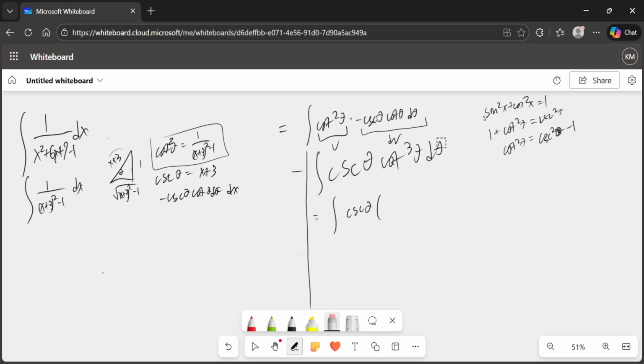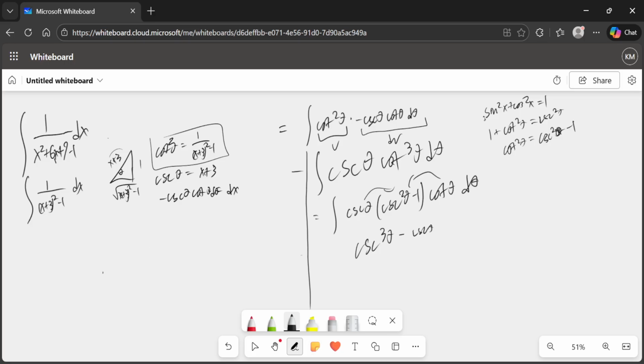Maybe it does, maybe it doesn't, but this is probably going to be simpler. So anyways, this is cosecant squared theta minus 1. Okay, let me distribute this inside. So this is cosecant cubed theta minus cosecant theta.